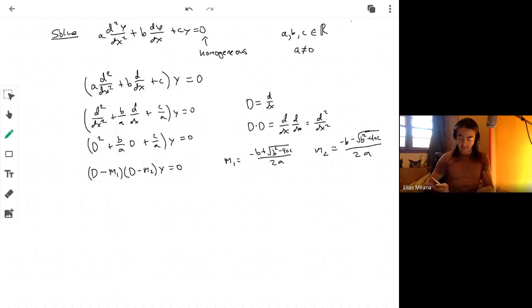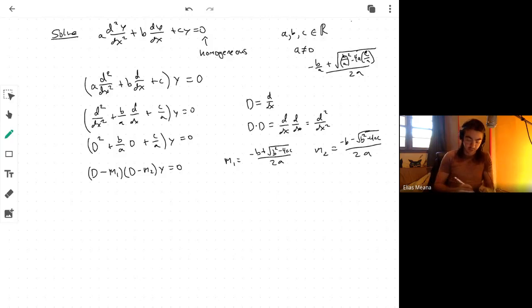Right? So think about it. It would become minus b over a, plus the square root of b over a squared minus 4 times c over a, divided by 2a. I don't want to do the whole thing, but if you redo the algebra here, you'll end up with the exact same formula.